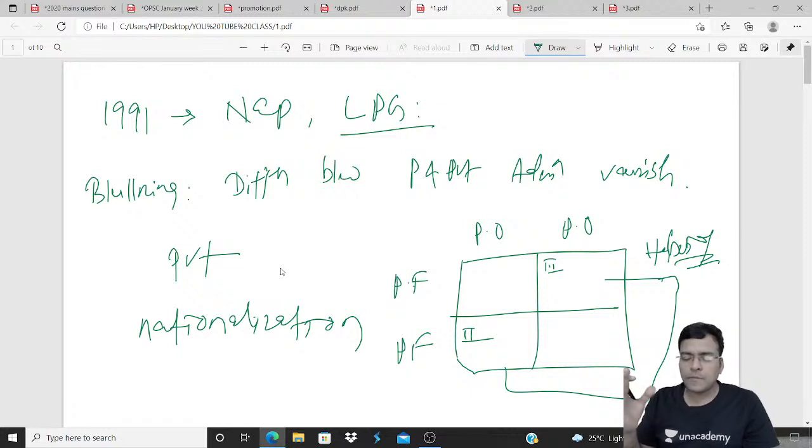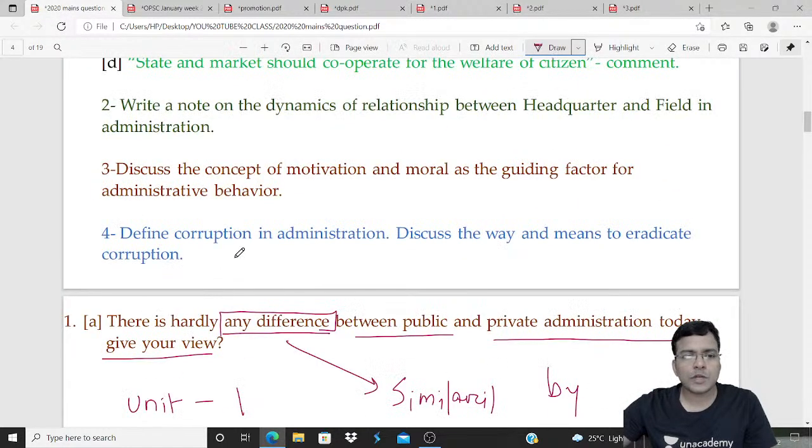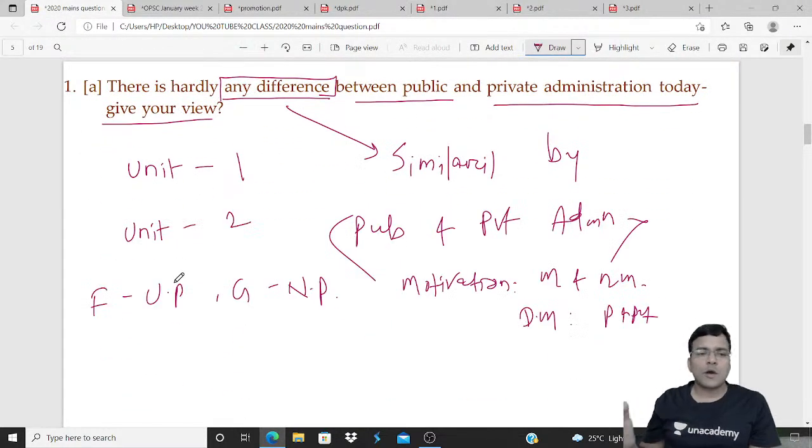If there is complete difference between public and private administration, we cannot have those hybrid type of organizations. So this you have to write. Got it? So this is the first question. Taking theorists into account, taking the concept of new economic policy into account, you have to write this. Post 1991, the gap has reduced. You can give example: recently, Air India is privatized.